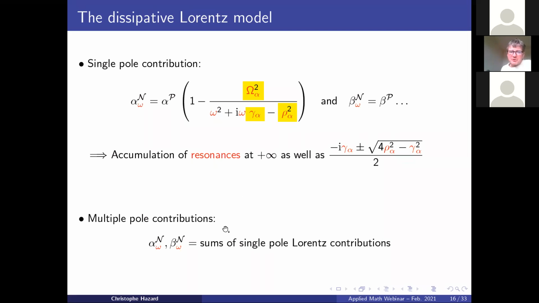The most general case corresponds to what we can call multiple pole contribution, which consists of a sum of single Lorentz contribution poles of this form. In that case, I will have an accumulation at each pole of my Lorentz function.